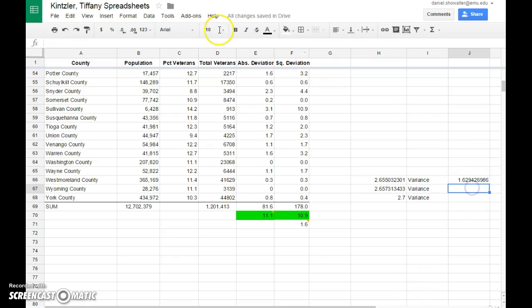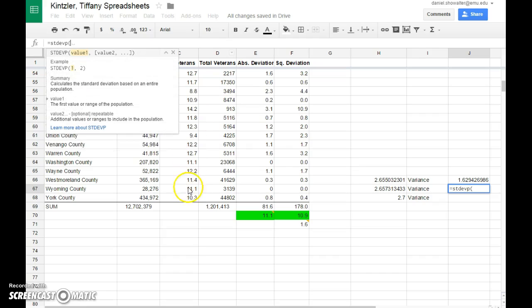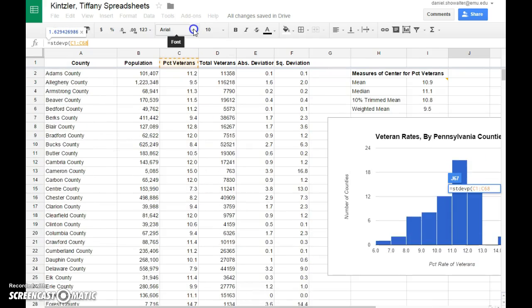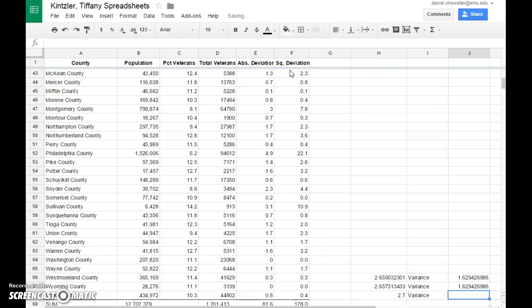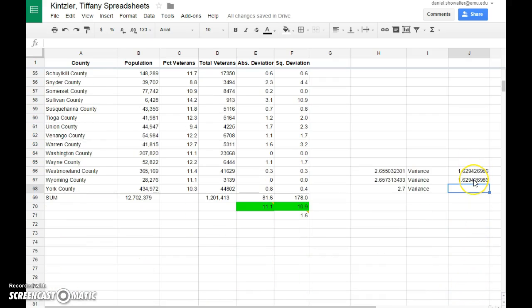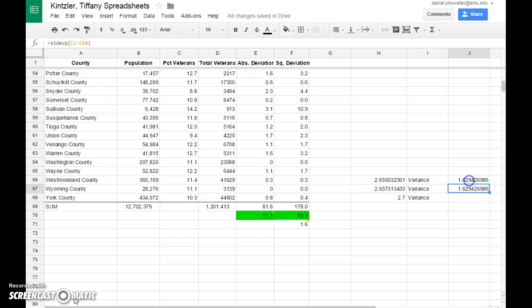We could also take the standard deviation directly of these numbers, but the whole point of column F here was to calculate this standard deviation to see about how far a typical county would be off of the average.